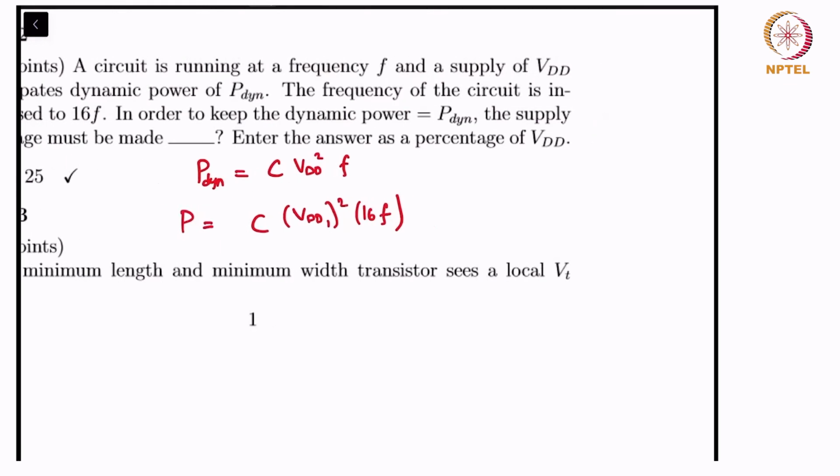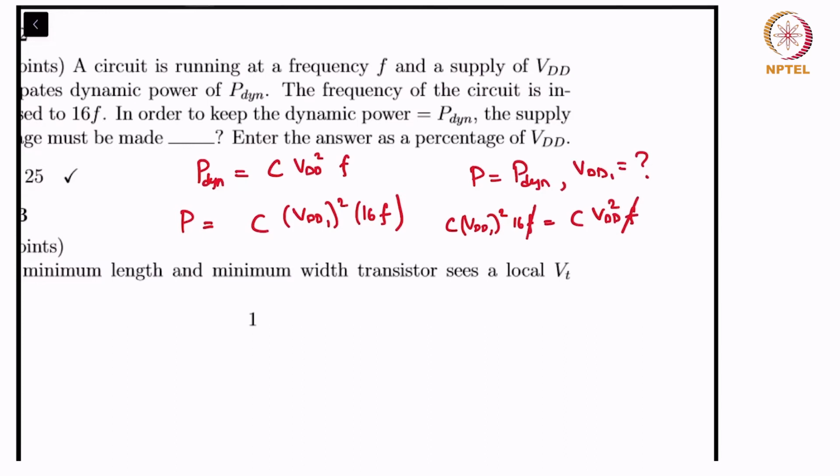We want to know what is VDD1 such that P equals P dyn, right? So therefore we just substitute: VDD1 square times 16F is equal to C VDD square F, right?